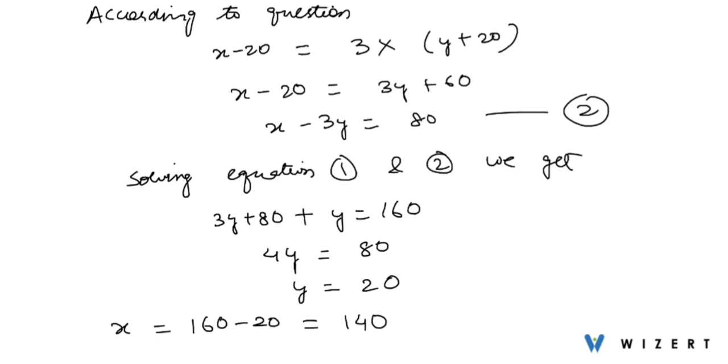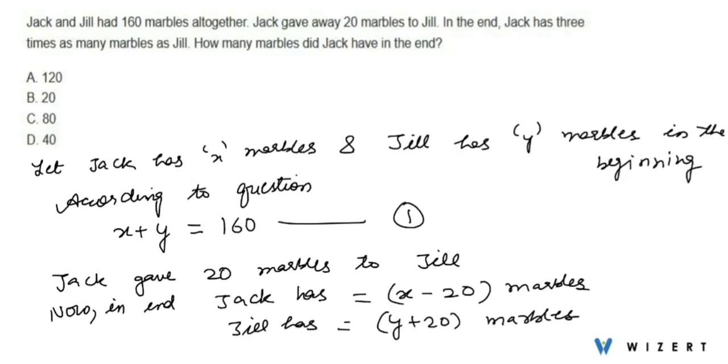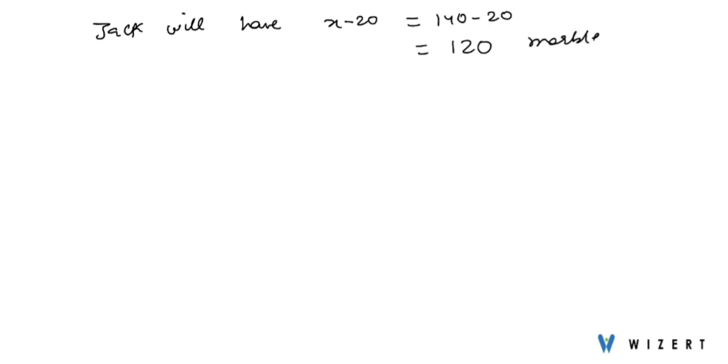In the end Jack will have x minus 20 marbles. So x is 140, and 140 minus 20 is equal to 120. So 120 marbles Jack will have in the end.